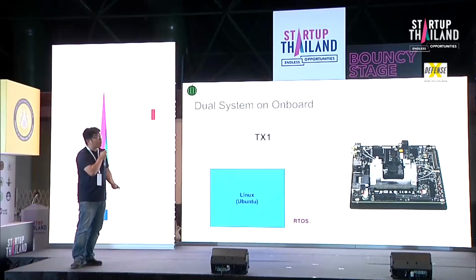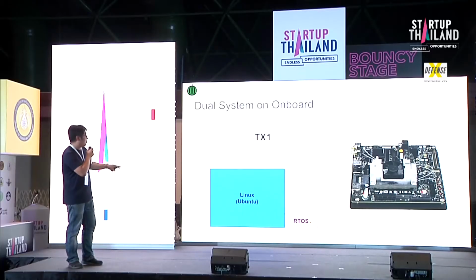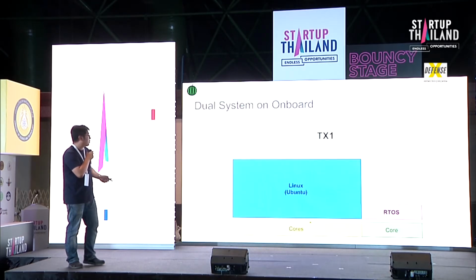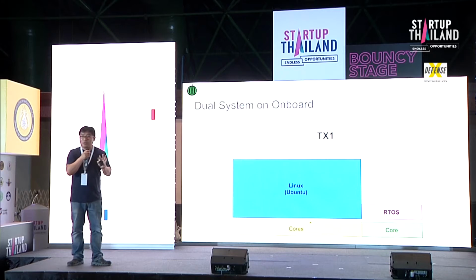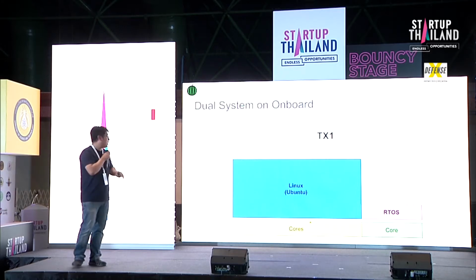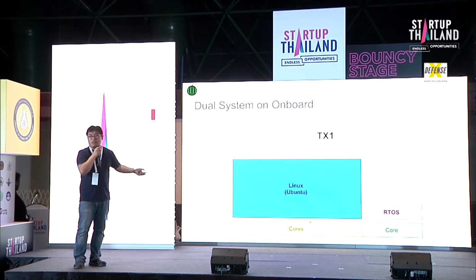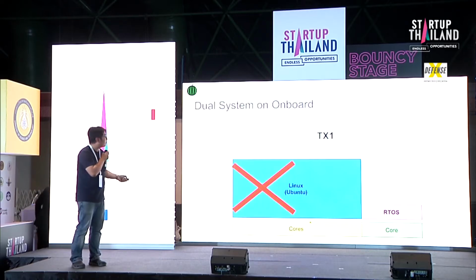So in TX1, which is the onboard system, there are two systems here, Linux and some kind of RTOS or just firmware. So TX1 has 4 cores, and 3 of them are assigned to Linux, and 1 is assigned to RTOS or the firmware system.